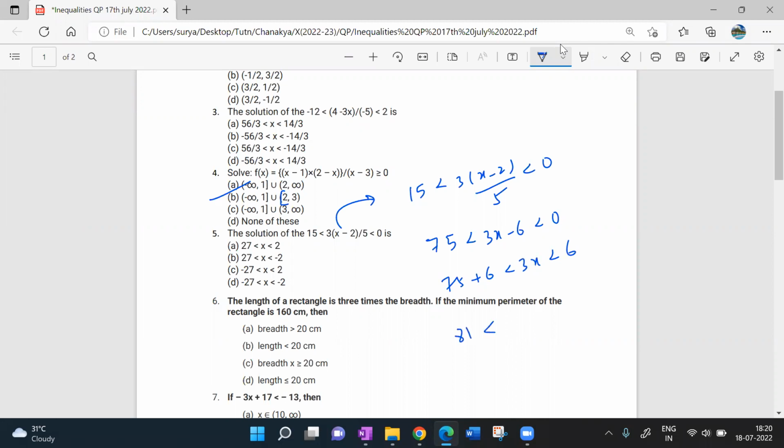So 81 by 3, x less than 6 by 3, 27 less than. Option A is correct, but 27 can't be. The answer is coming, but it doesn't make sense. Yes, sir, the question itself is wrong. Why? Because 27 can't be less than 2. Is it clear? Yes, sir. So I'll give this bonus.